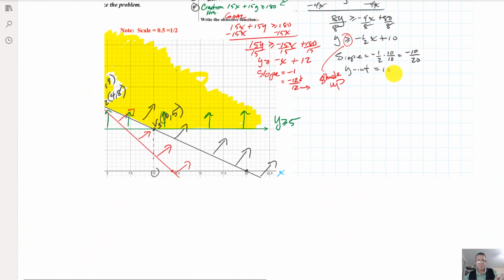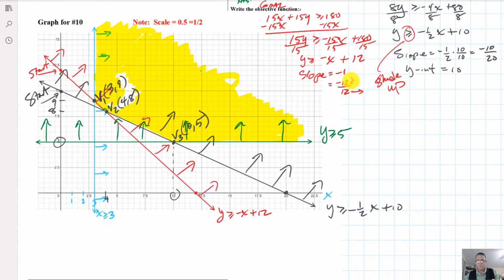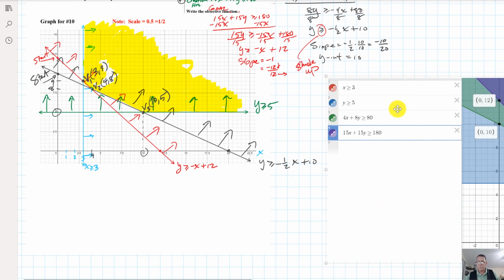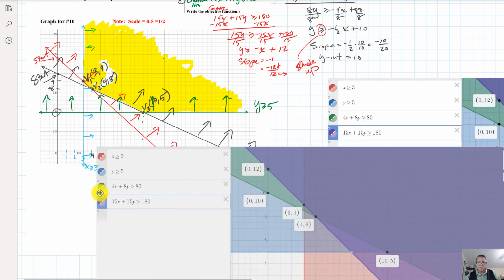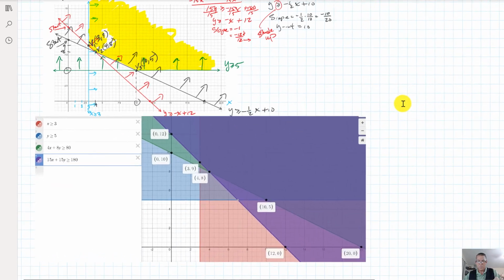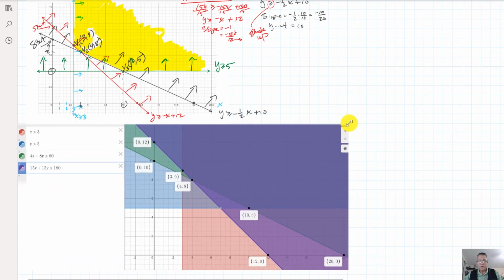Let's compare. So now we have what's produced by Desmos here, and notice that the vertices are the same.